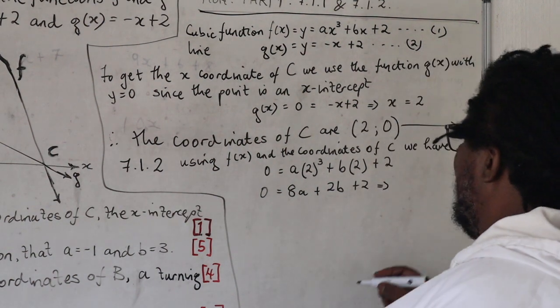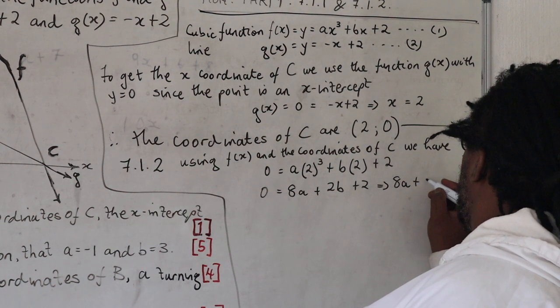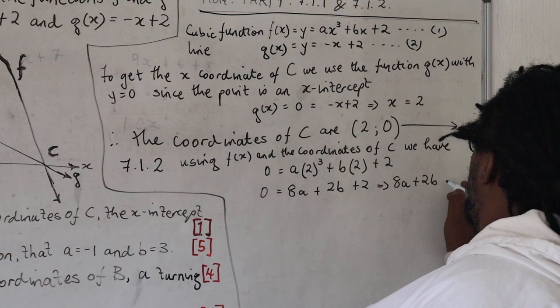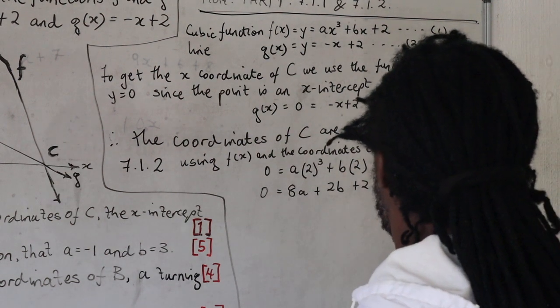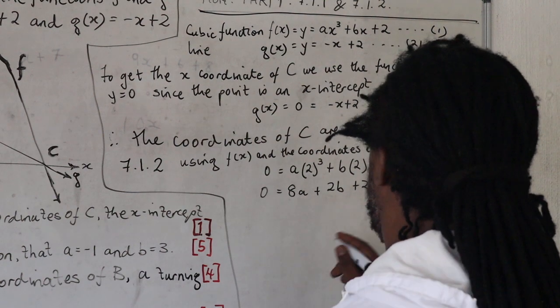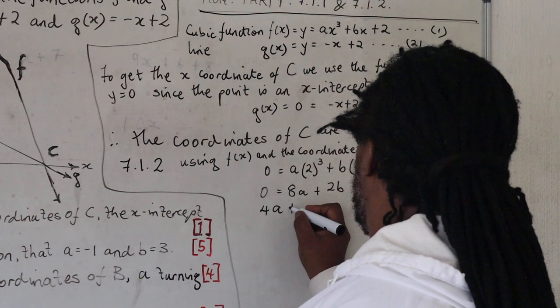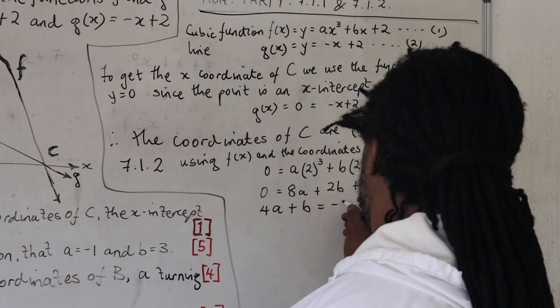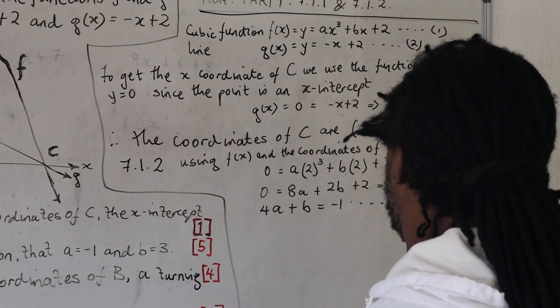And so we will have 8a plus 2b equals -2. Divide by 2 on both sides, you will get 4a plus b is equal to -1, and you call that your first equation.